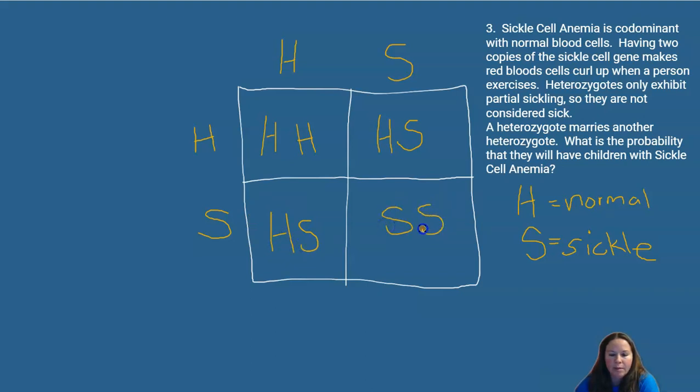The only way to be considered sick and actually have the disease is to have this genotype. So the probability they'll have a child with sickle cell anemia is 1 out of 4, or 25%.